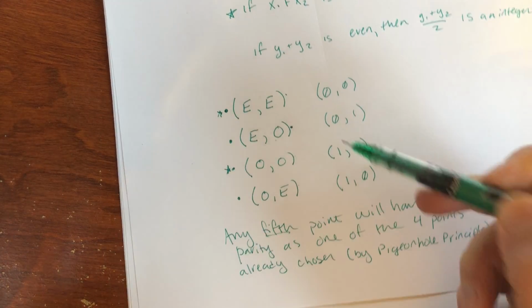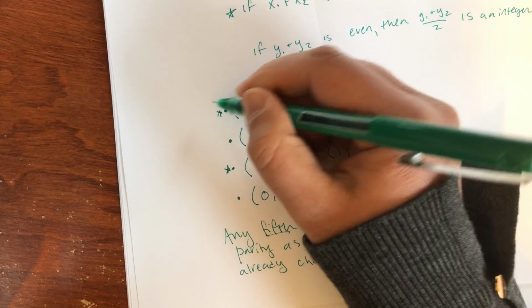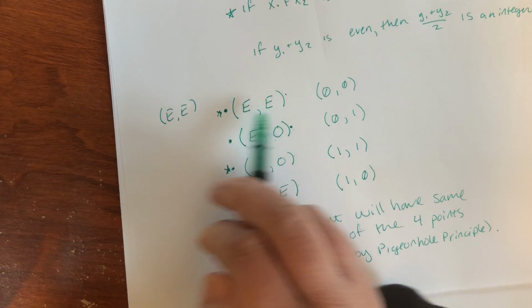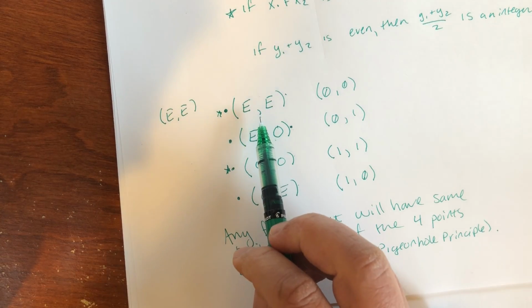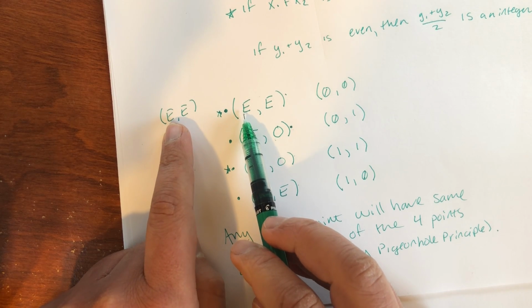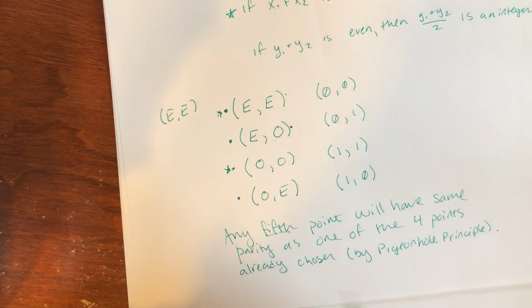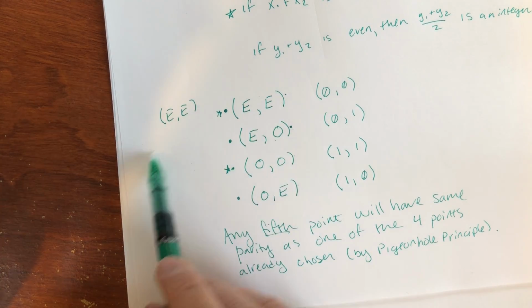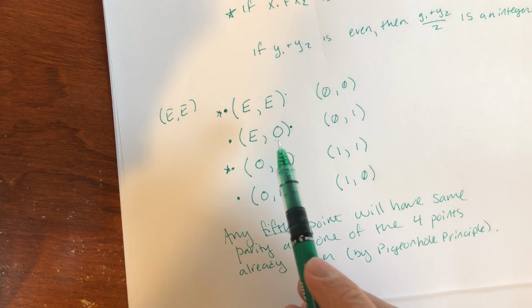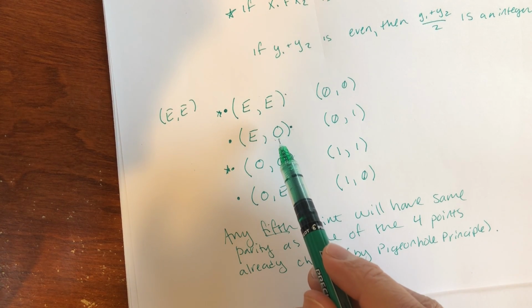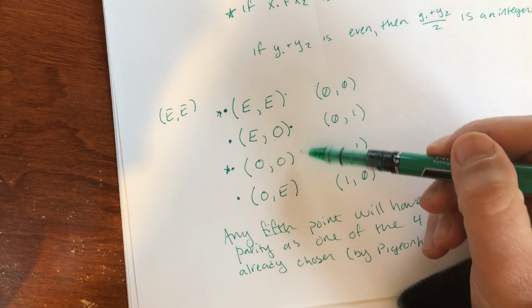Once we've chosen that 5th point, let's say it's another even, even, then these 2 points together will have a midpoint with integer coefficients, because an even plus even gives you an even. You divide by 2, it's an integer, and the same thing for the y-coordinates. And if your 5th point was in this case, it'd be the same idea, right? Odd plus an odd is even, and so the y-coordinates would also have an integer coefficient.